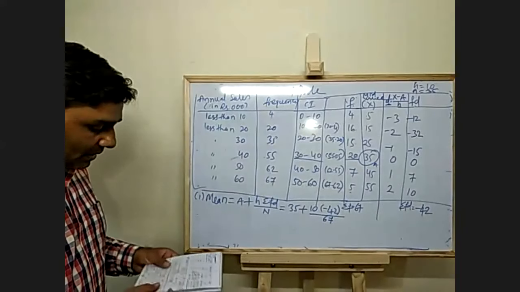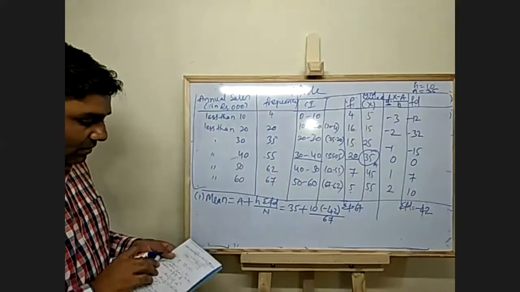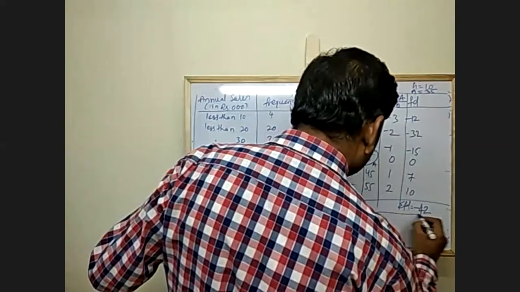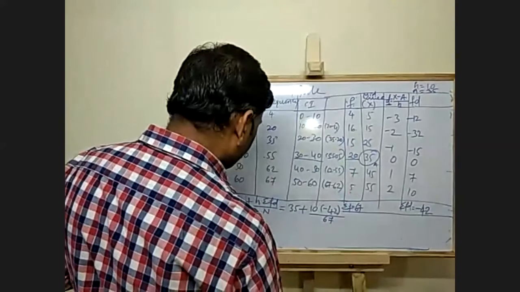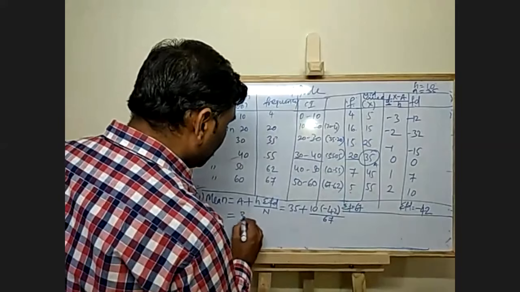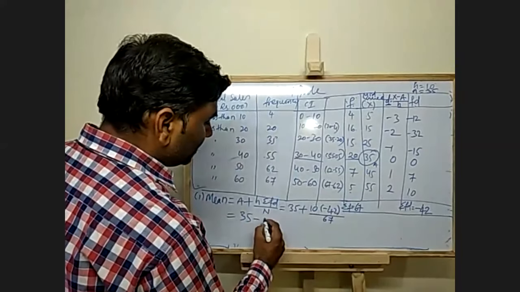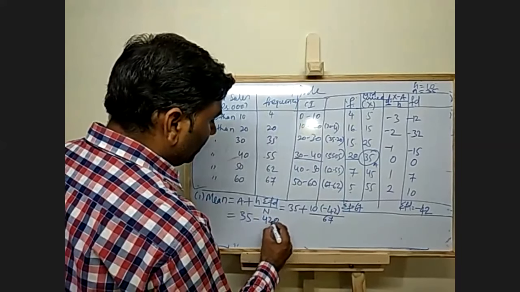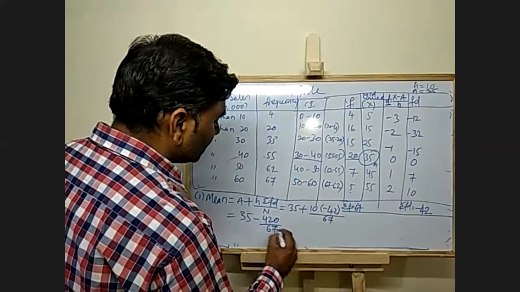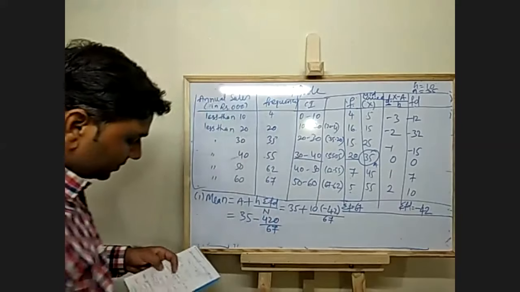So the mean will be 35 plus 10 into minus 42, so minus 420 divided by 67.